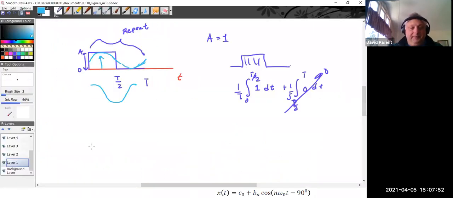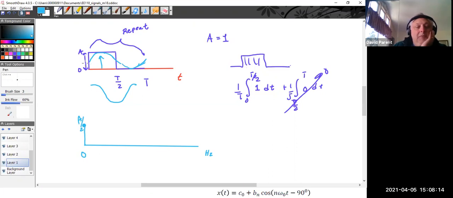So at 0 hertz, whatever this was would be divided by half. And so it's 1, then it's half.